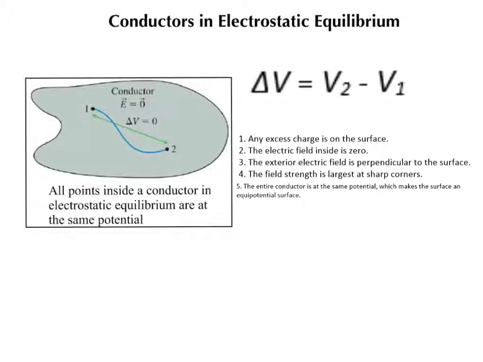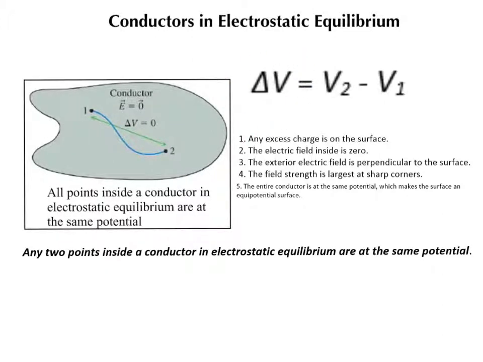The problem we would run into is that there is no electric field in there. Since there's no electric field, there's nothing there to exert a force. So there's no force on that charge. The work then would be 0, and the potential difference would be 0. In other words, any two points inside a conductor in electrostatic equilibrium are at the same potential.